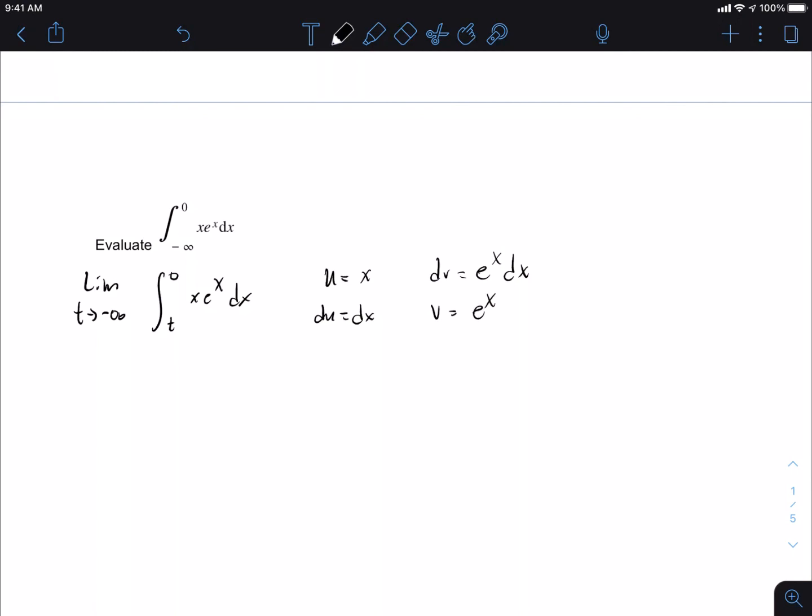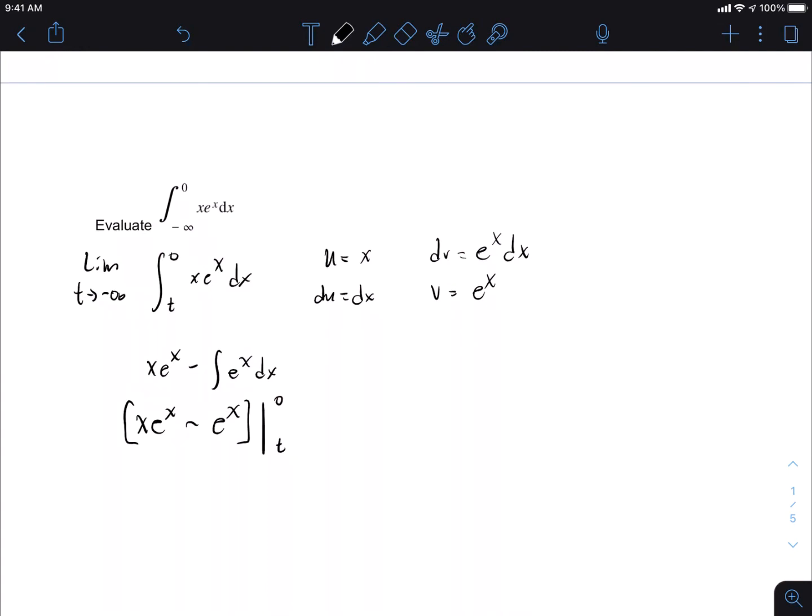What's going to end up happening is I'm going to get x e to the x minus the integral of e to the x dx, correct? So x e to the x minus e to the x, but I have to remember that this whole thing is being evaluated from where to where. It's being evaluated from t to 0, correct?